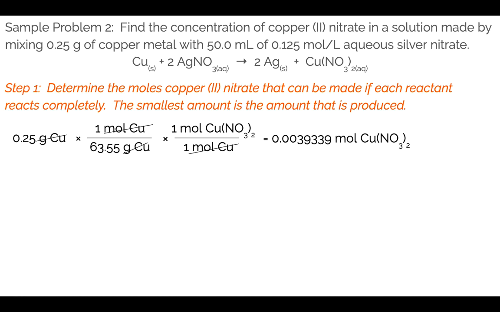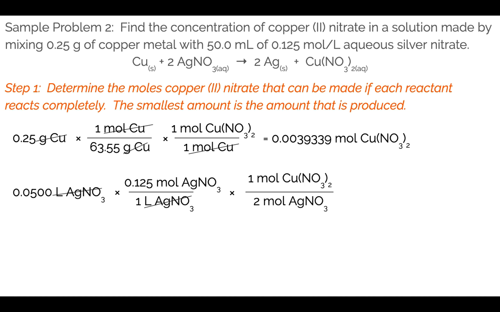So then we find out how much copper(II) nitrate we'd have if all of the silver nitrate reacts. In this case, we have a solution, right? So we start with the volume, which we've converted to liters. We're going to use the concentration to figure out how many moles. So now we know how many moles of silver nitrate we started with. Now we're going to use the mole ratio to find out how many moles of copper(II) nitrate could be made.